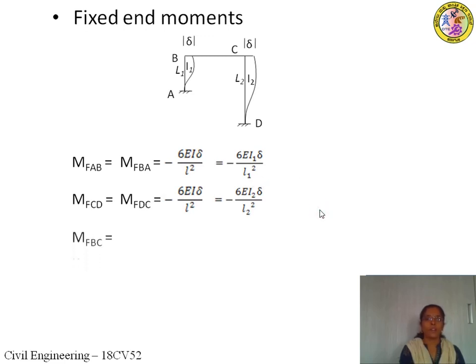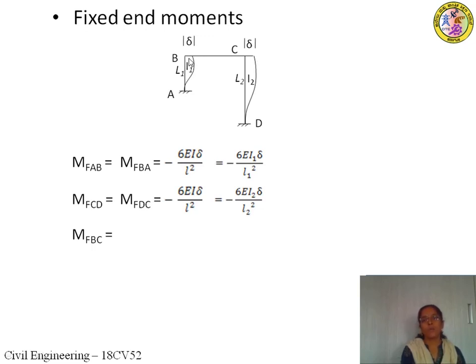Okay. So next, MFBC. If you can observe this horizontal member, it is not subjected to any displacement. Okay. So in case of a continuous beam with a sinking support, where the support sinks, we used to add this additional term of minus 6EI delta by L square. So here only vertical members are subjected to displacement, whereas the horizontal member remains horizontal. Okay, B moves to B dash and C moves to C dash. But there is no deviation in its line.